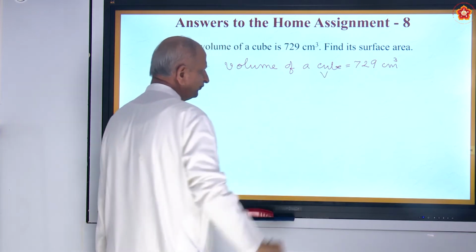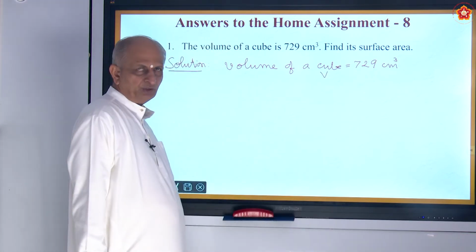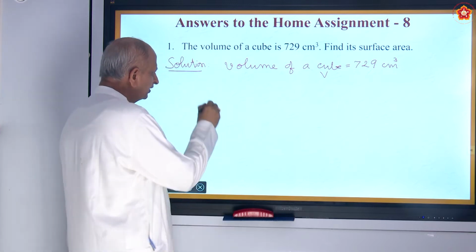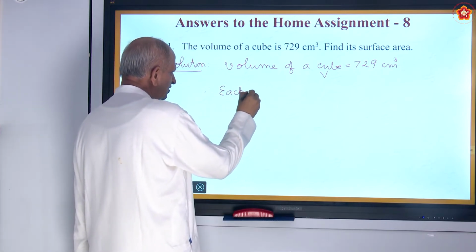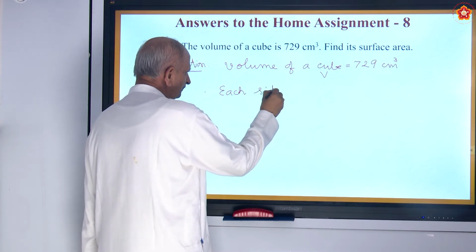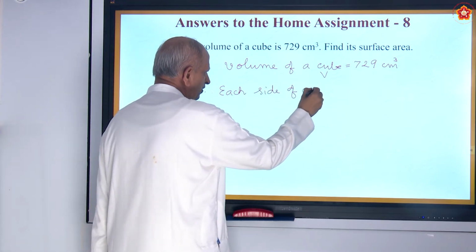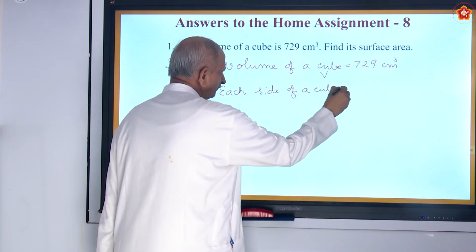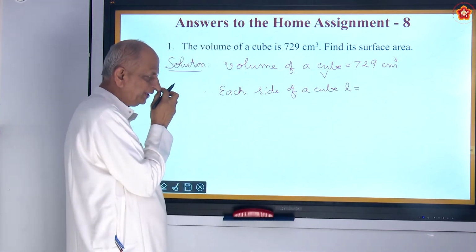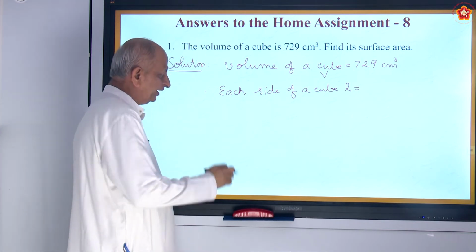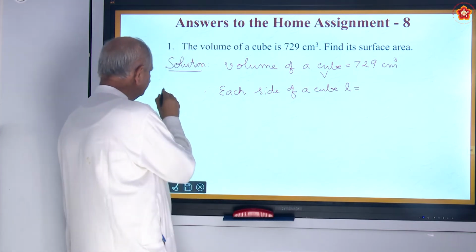That is called L cube. Therefore each side of the cube, that is called L. How to find each side? That is the cube root of 729.